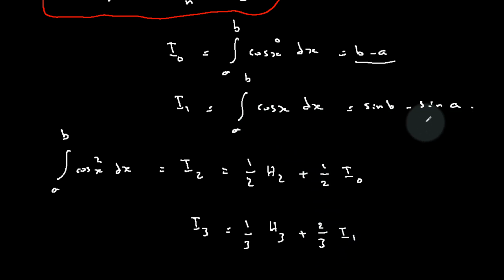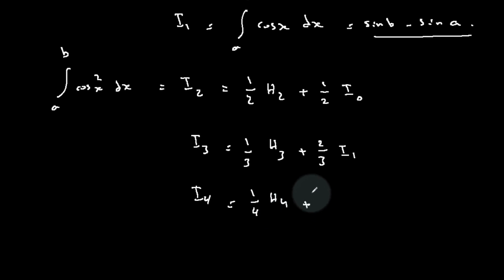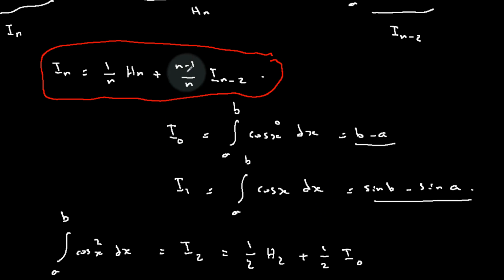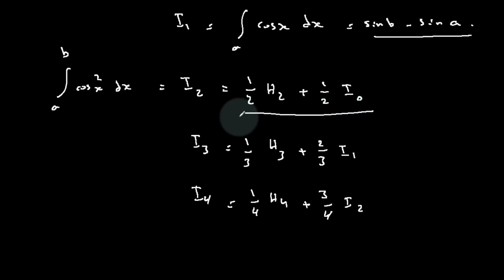I1 is already calculated. And so on. We can calculate I4, equal to 1 over 4 h4 plus n minus 1 over n, so 4 minus 1 over 4, which is 3 over 4 I2, which is already calculated. And so on.